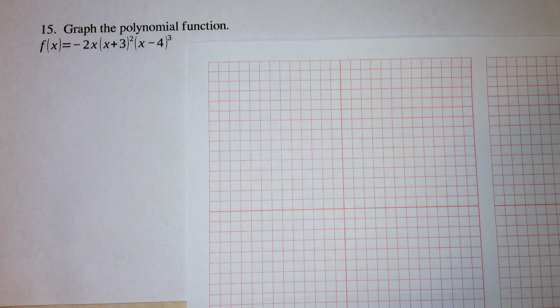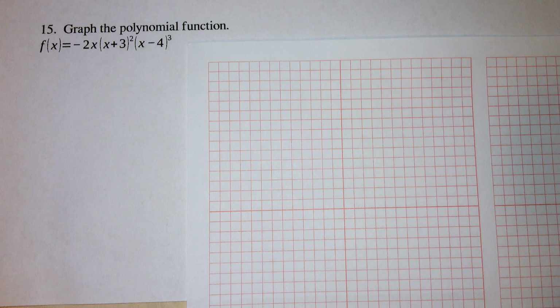And then it's just a matter of using the degree, the leading coefficient, and the zeros themselves in order to figure out what the graph looks like, where it crosses the x-axis, where it crosses the y-axis, that kind of thing. So here we go. Let's just go ahead and do that.